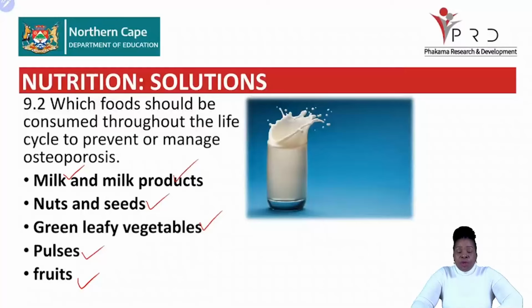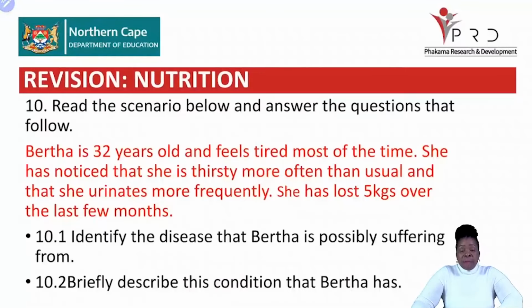Right, we go to the next question, question 10. It says, read the scenario below and answer the questions that follow. I'll read the scenario to you. Betha is 32 years old and feels tired most of the time. She has noticed that she is thirsty more often than usual and that she urinates more frequently.